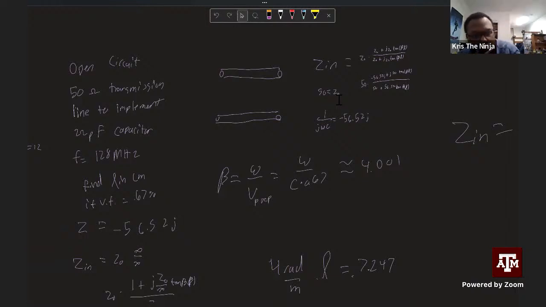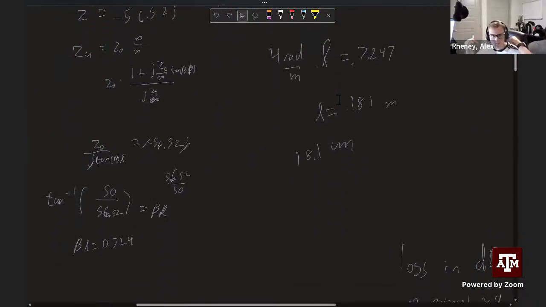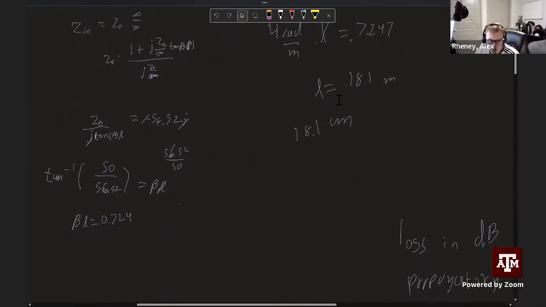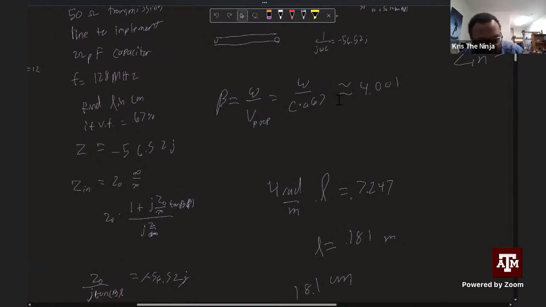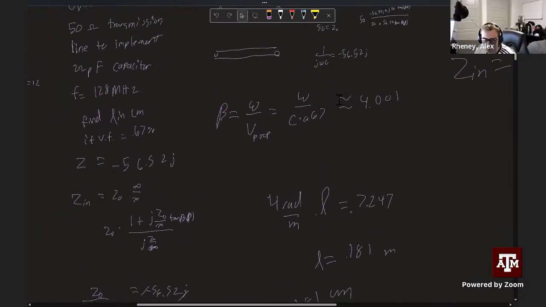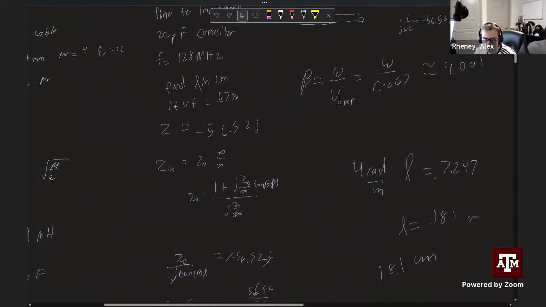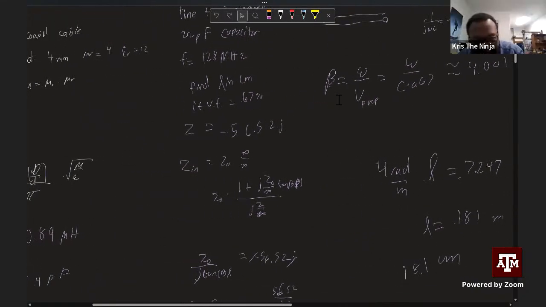I forgot what Zn was. What's Zn? The formula for Zn or just the value? I forgot what the value of it was. Isn't it just a 50? Well, that would be Z naught.